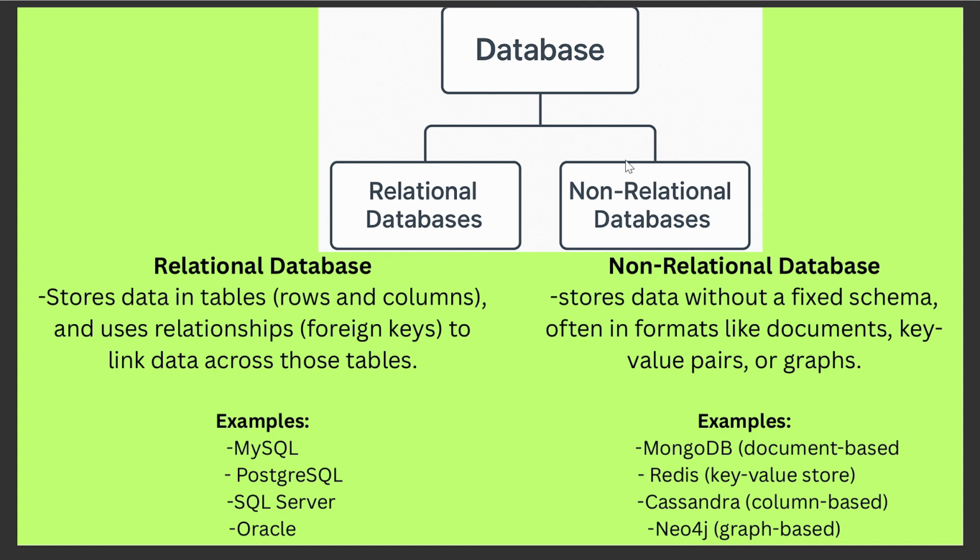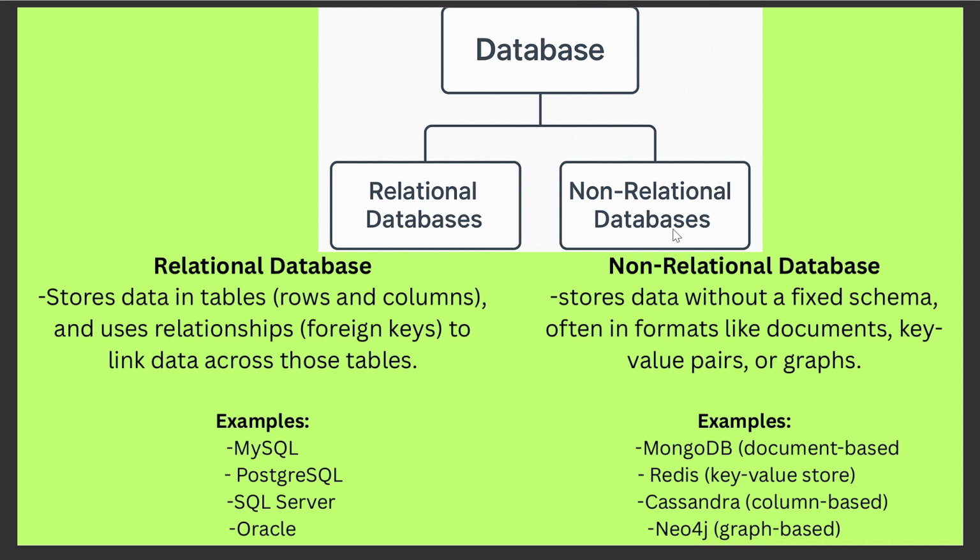The database is categorized into two categories, relational and non-relational. Relational databases, as we've seen, store data in the form of tables, and these tables can be interconnected with one another using foreign keys.